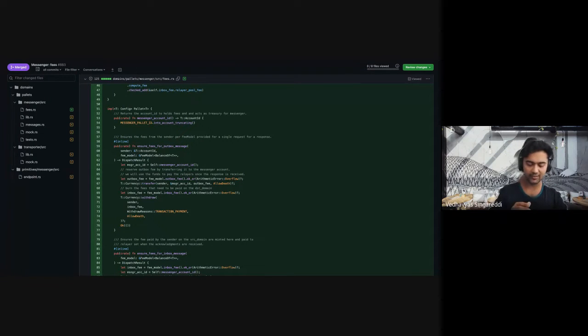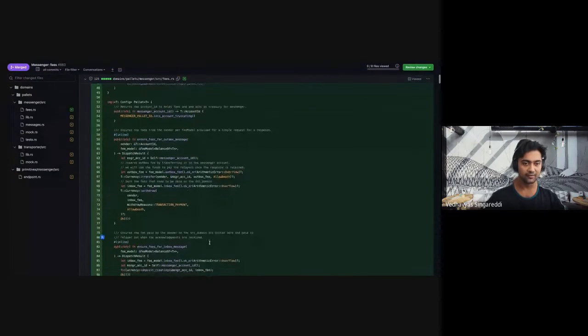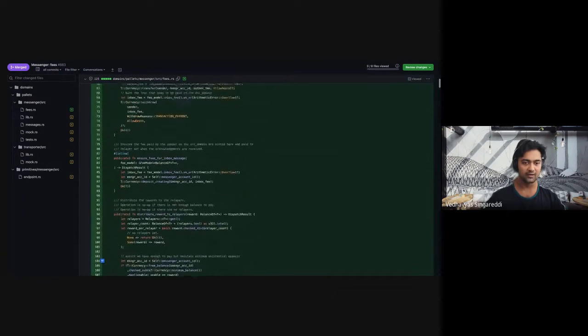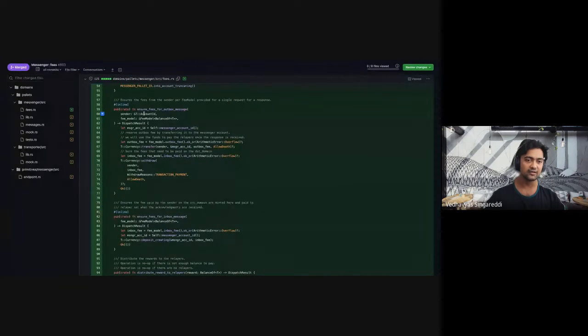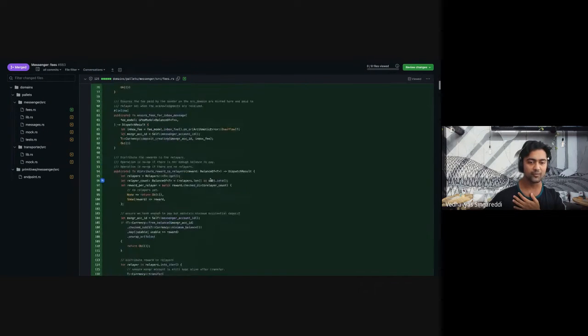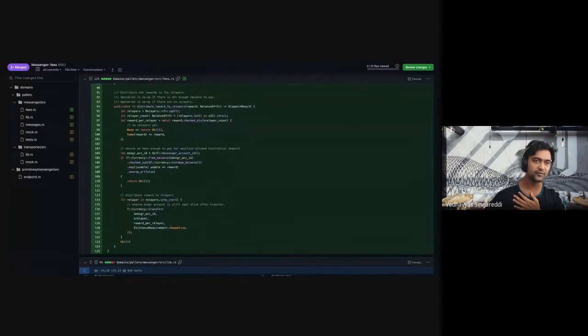One is on the source domain side, where we distribute to the relayers when the response has been received for a given message from the destination domain. So at that point, we distribute the rewards for every message that has been delivered, for which the response has been delivered.